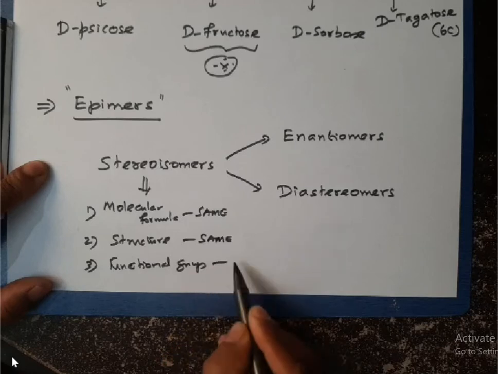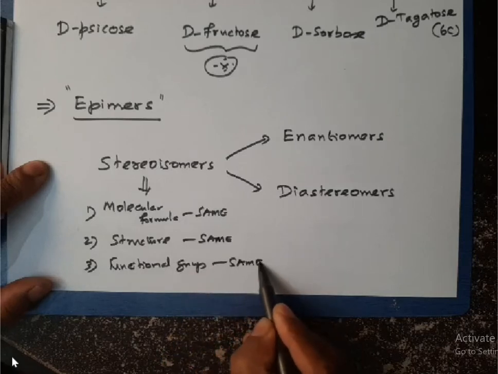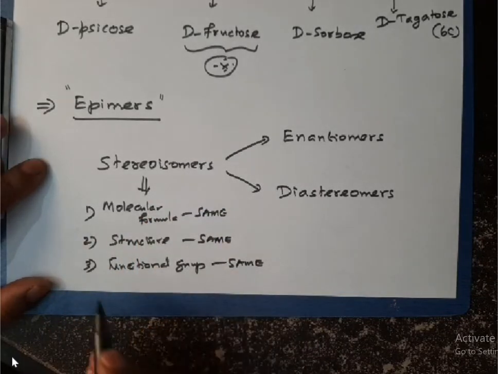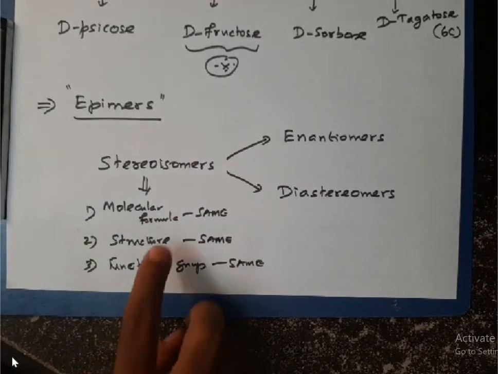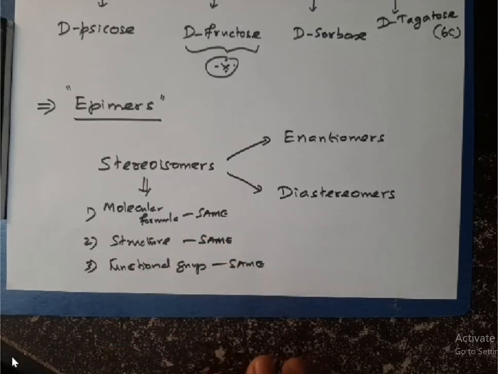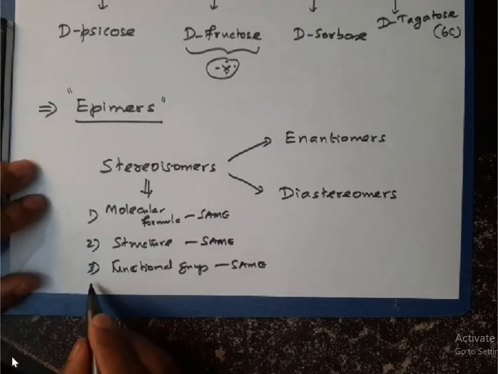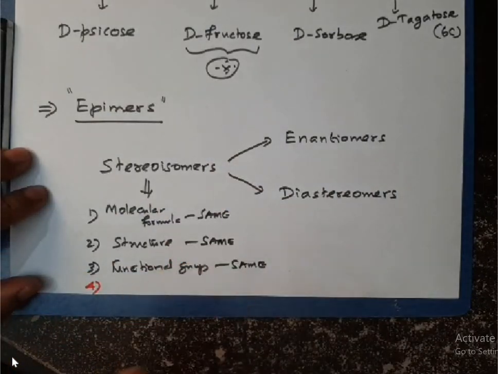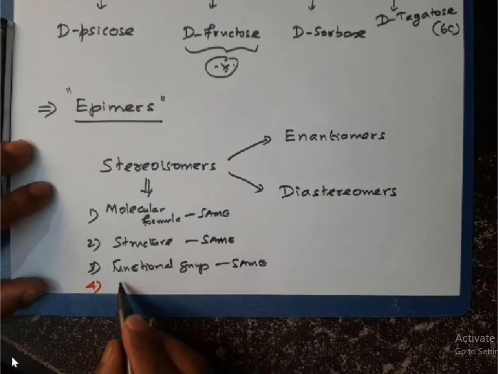If one contains an aldehyde, the other should also contain an aldehyde, right? They differ, very important: they have the same molecular formula, same structure, same functional group, everything. They differ only in the spatial orientation, the arrangement of groups about the carbon atom.